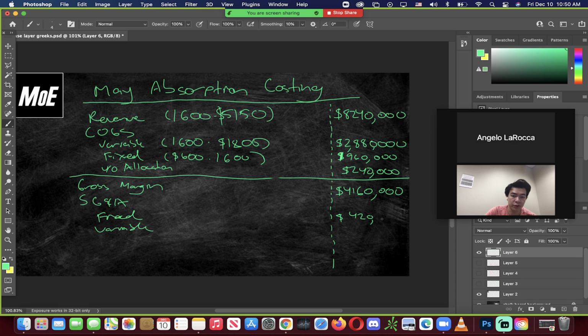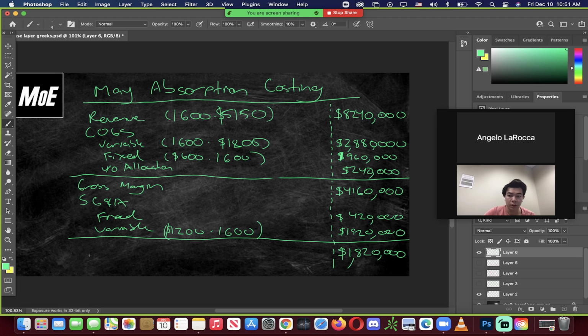Fixed is 420,000 and variable is 1,200 times the units sold. This is net income.